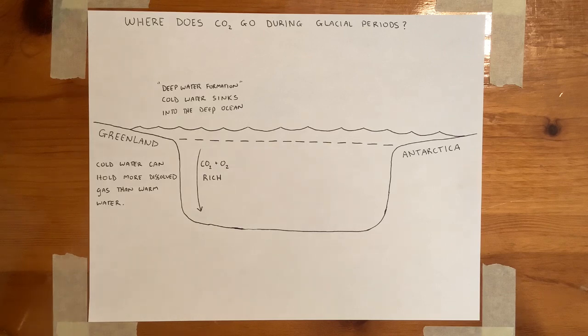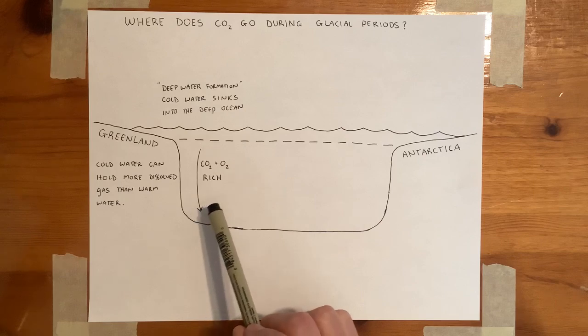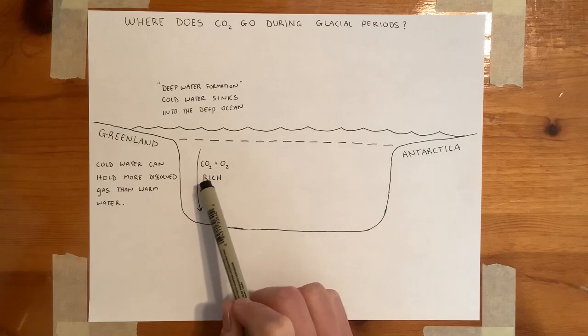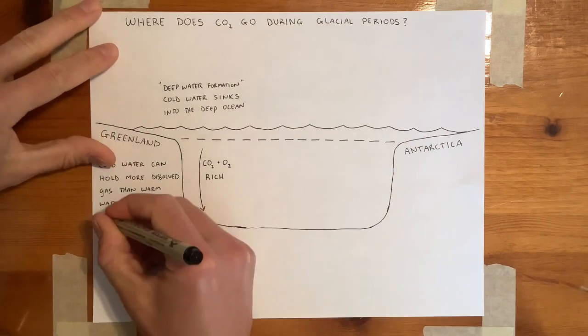So we already know that gases can be dissolved into liquids, and so cold ocean water that's sinking near Greenland is bringing a lot of dissolved CO2 and oxygen down with it, because the solubility of gases increases in cold water.